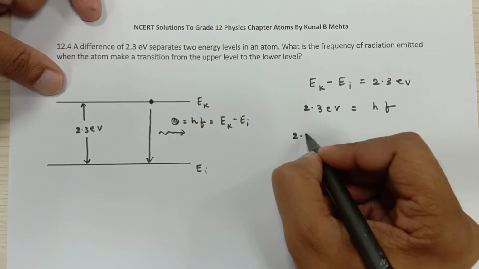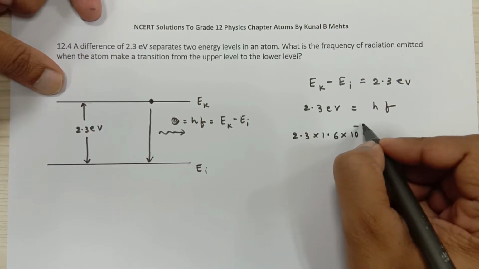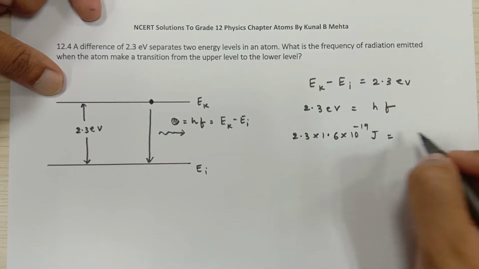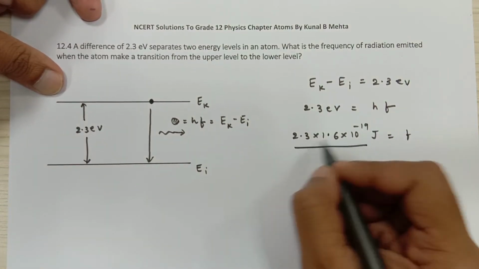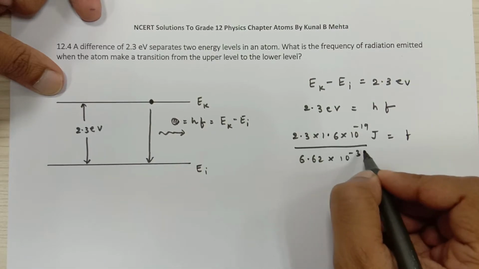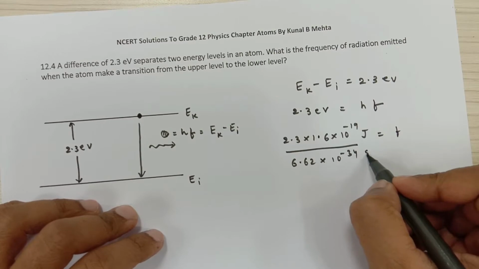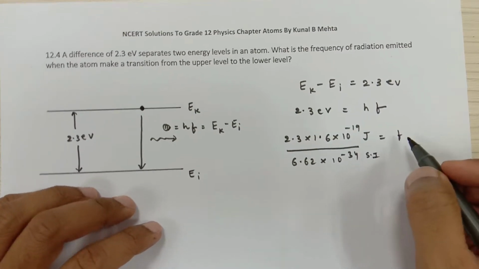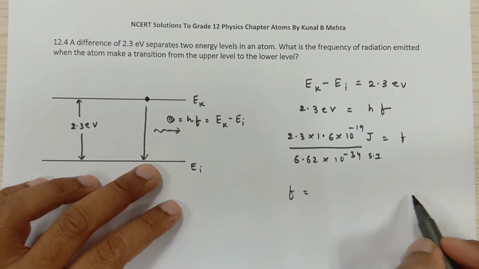So let me convert this: 2.3 times 1.6 into 10 raised to minus 19 in joules is equal to h times f, and this h is going to come over here. So h is 6.62 into 10 raised to minus 34. Let us solve, and since everything is in SI units, we will get the SI unit of frequency, so the answer would be in 1 upon second, or hertz.